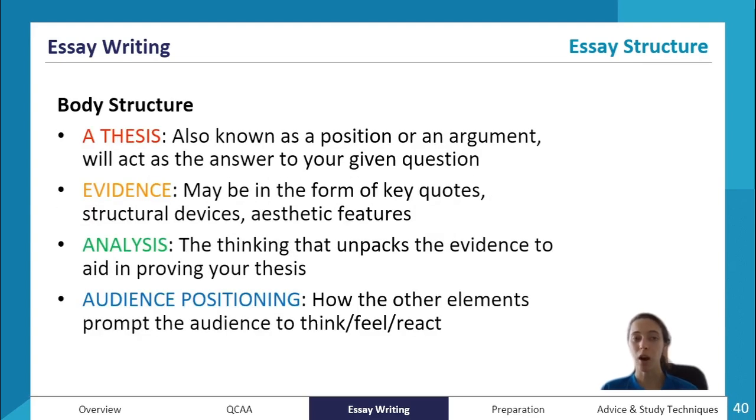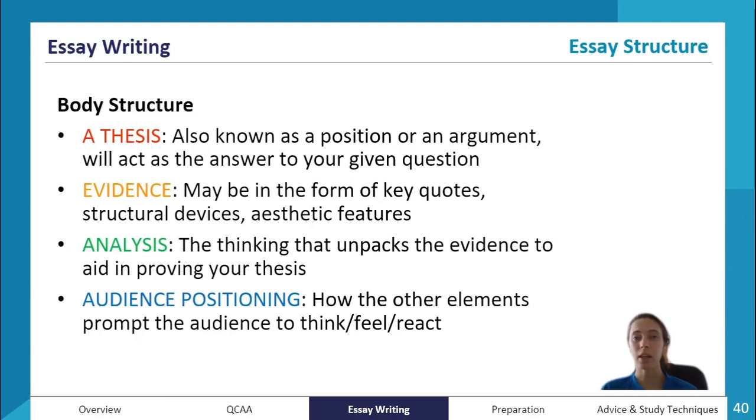So your body paragraph structure: you've got the thesis, so the position on the argument, and you've got your evidence. It could be in the form of key quotes, structural devices, aesthetic features, different events that occur that you can use to illustrate your points. You've got your analysis of that evidence.